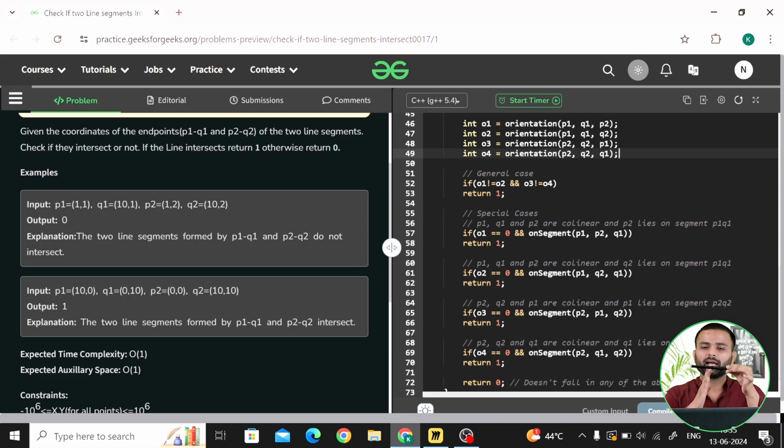Okay, this is the case; O1 is 0 in the worst case. We just have to check whether the point is on the segment or not.